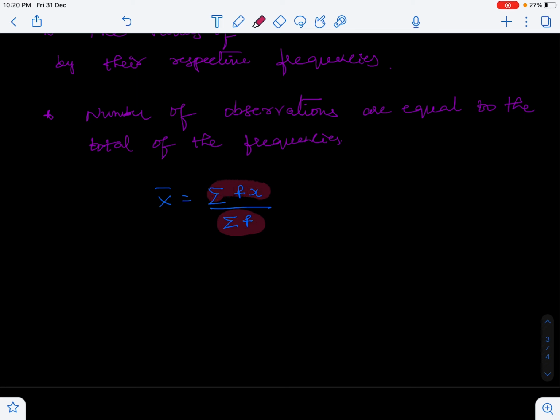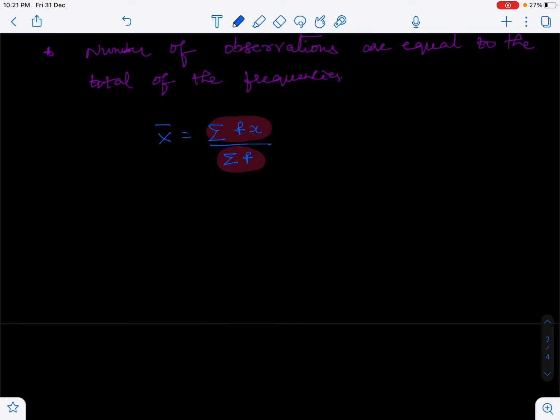Summation of fx is nothing but the variable and the frequencies multiplied, then added, that is the sum of all observations. So this is called the direct method of finding the arithmetic mean in a given discrete series.